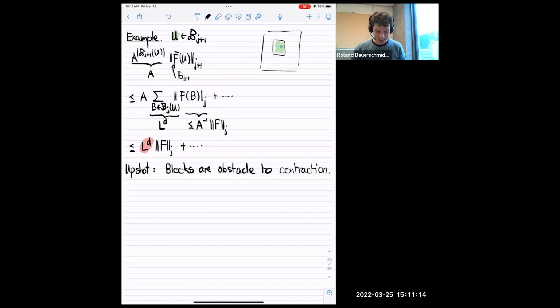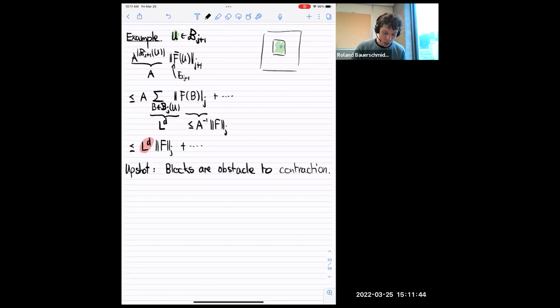Okay. Good. So we were looking at how to estimate the norm of this F bar. So that involves a maximum over these polymers U at scale j plus 1 of F bar of U. And we just looked at a single block. So that's the block shown here. And we're trying to estimate what the norm contributed by the single block is.